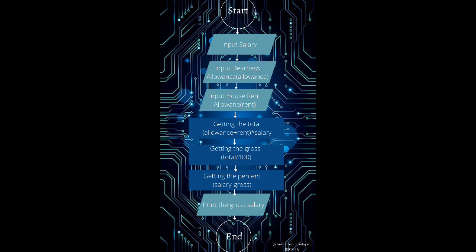And then getting the percentage. Here we just get the difference, the salary minus gross. And lastly, print the gross salary, the output of our program. And then that's all. And so now let's start with our program.